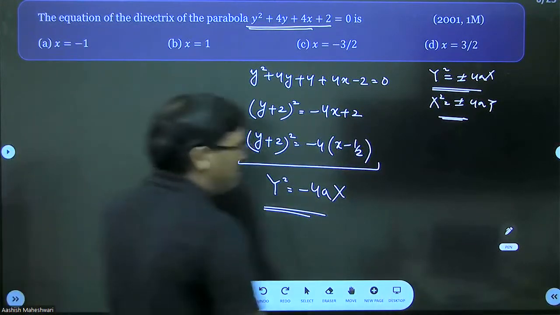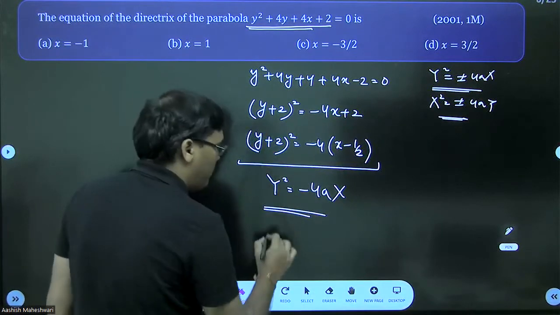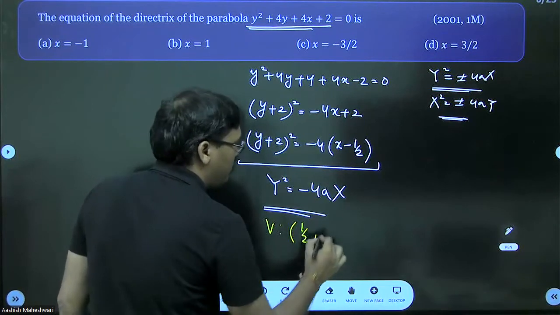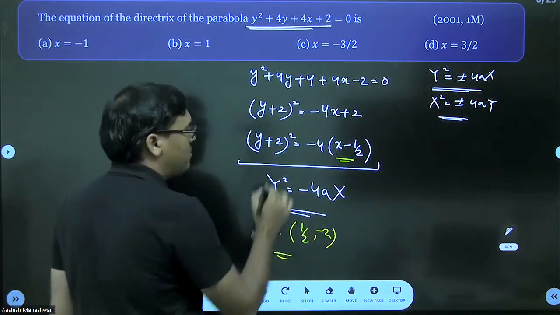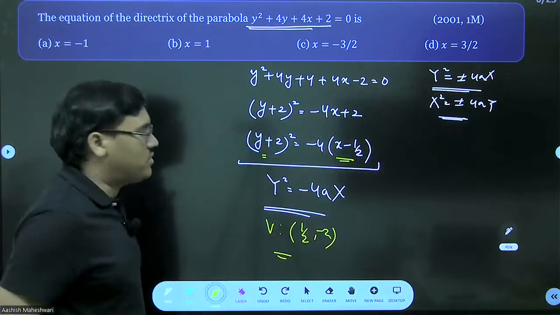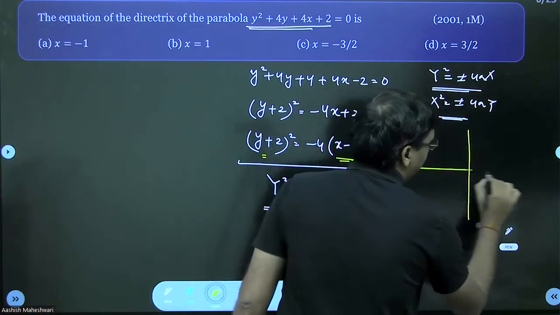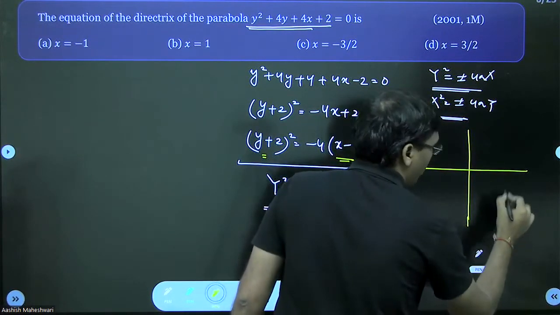This is the parabola y² equal to minus 4x, whose vertex, what is the vertex of this parabola? You can clearly see this is (1/2, minus 2).